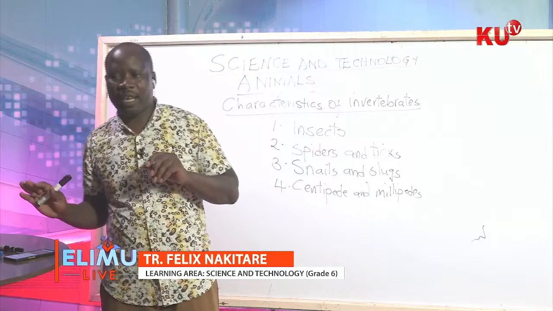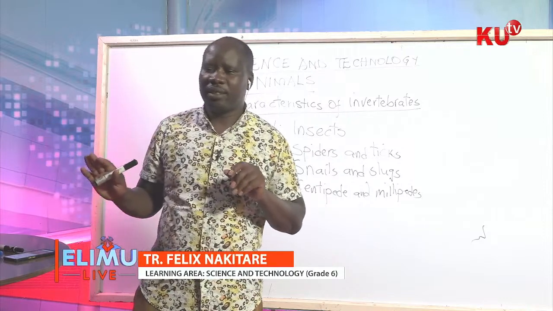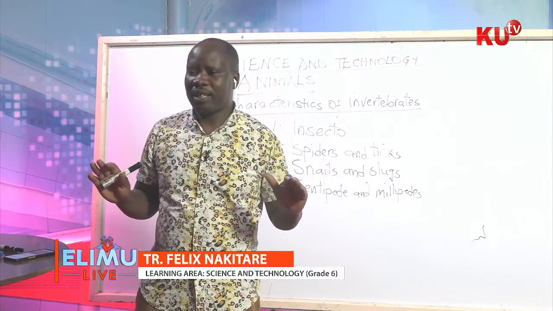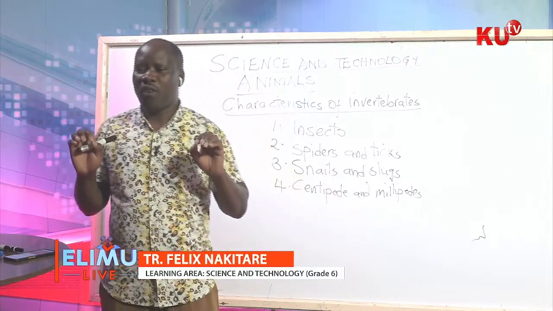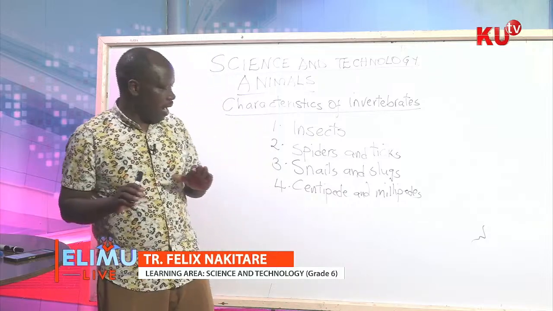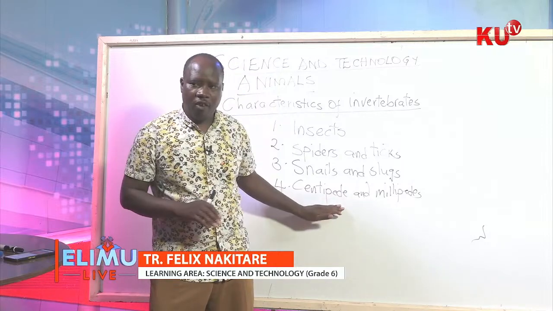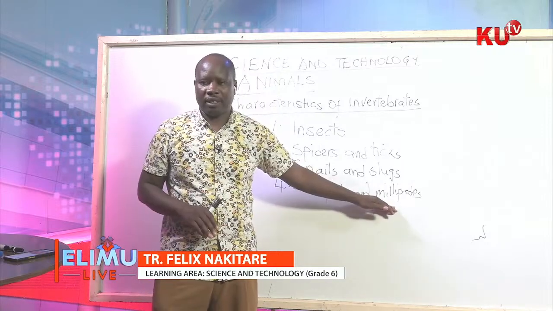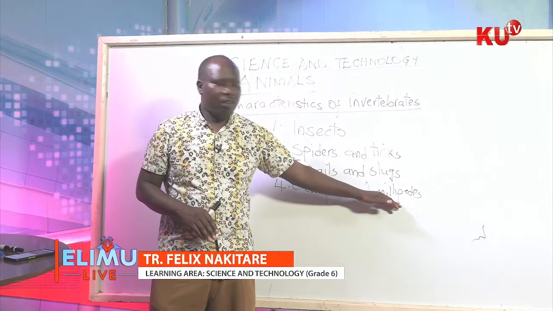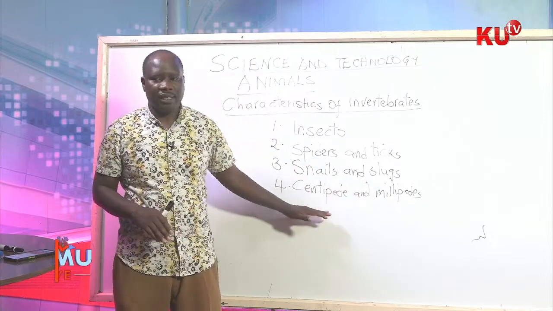On the right side, two legs on the same segment, and on the left side, two legs. Therefore, a total of four legs in each segment of the millipede. Remember, one pair of legs for centipedes, two pairs of legs per segment for millipedes. And that makes millipedes have more legs than centipedes.